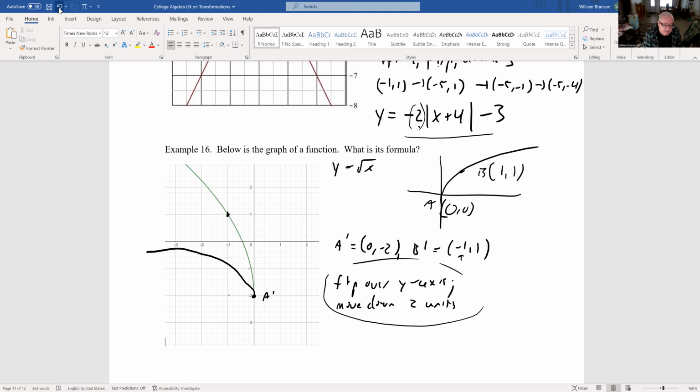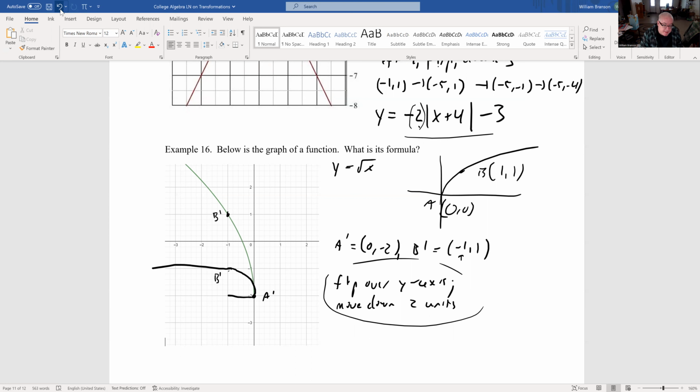Well, not quite like that. It would go through this point. So let me see if I can redraw that better. Down like this, and out like that. Right? And this would be where B would end up. But B didn't end up there. B ended up here.